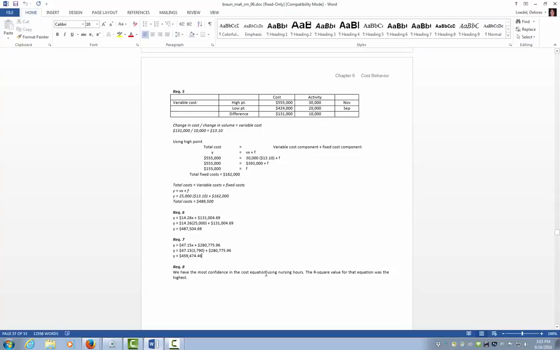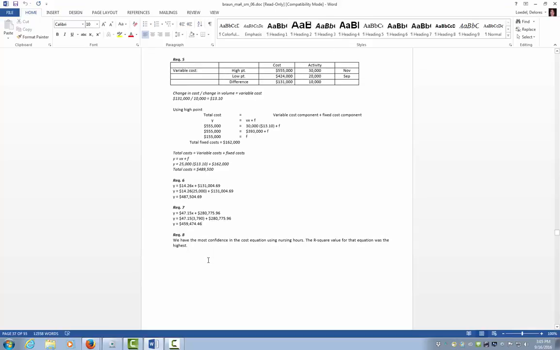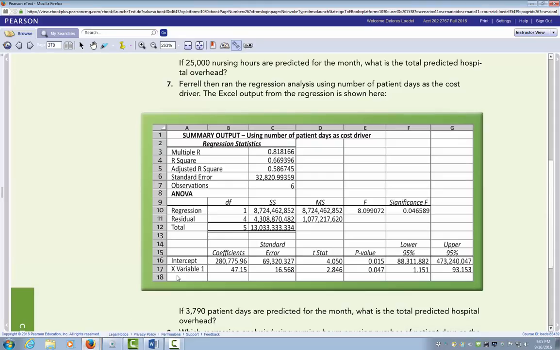Okay, now the final question is, which one of these would we have the most confidence in? That's another test of whether you know how to read the chart. One of the indicators here is our R-square. That gives us a number that tells us the higher the number, the more we can rely upon the data and the way that these work together.